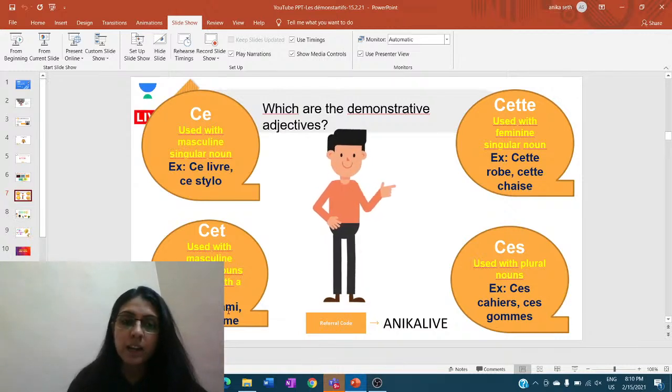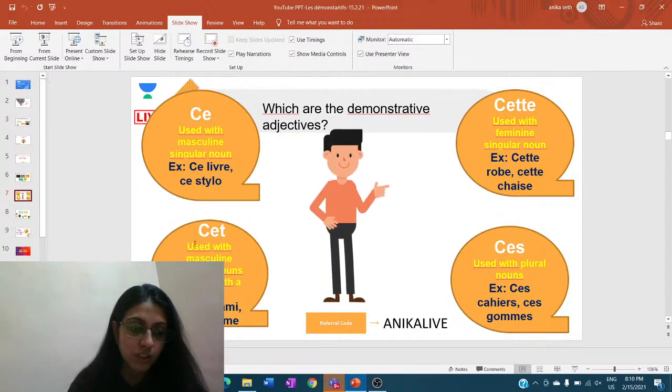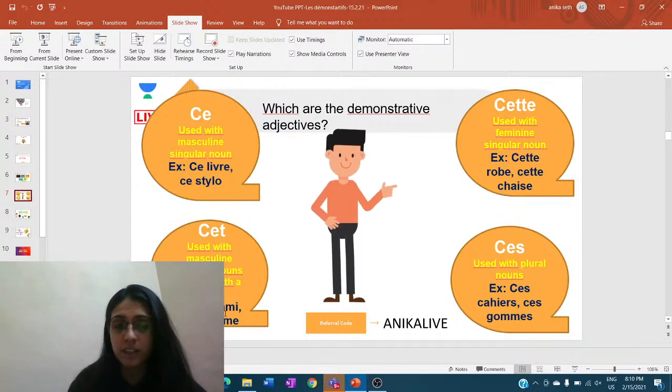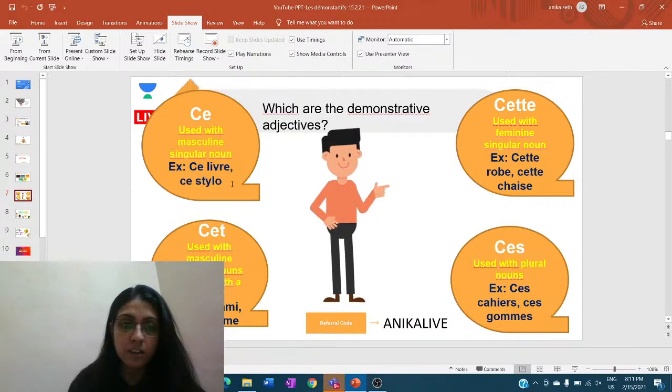Now, the question is: why can't we use ce only as the demonstrative adjective for these nouns also? Like ami and homme, the nouns which start with a vowel and are masculine singular, why can't we use ce only? Why do we need a fourth demonstrative adjective, which is cet? If anyone has any answers, you can write in the chat box.